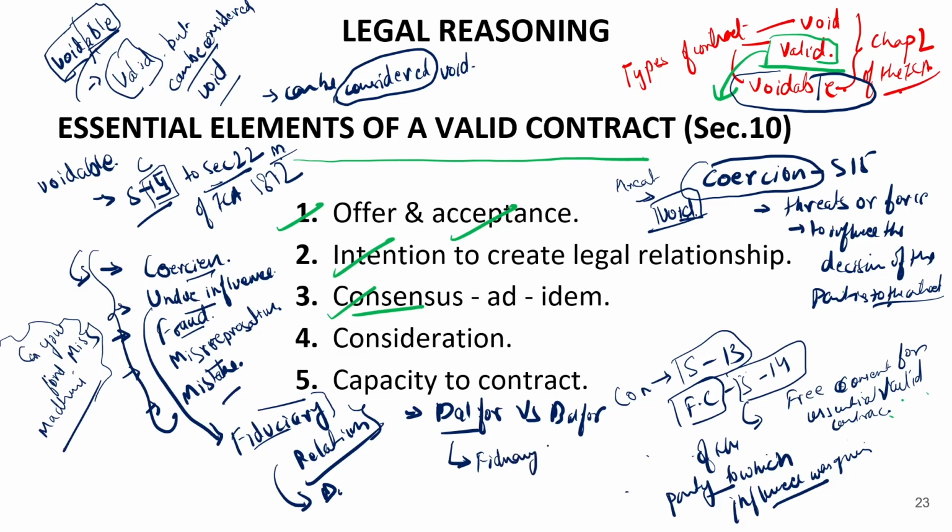A fiduciary relation is that relation which is a very close relation, like the relation of husband and wife, brother and sister, teacher and student, where one party, because of their position in that relation, can influence the decision or the consent of the other party.